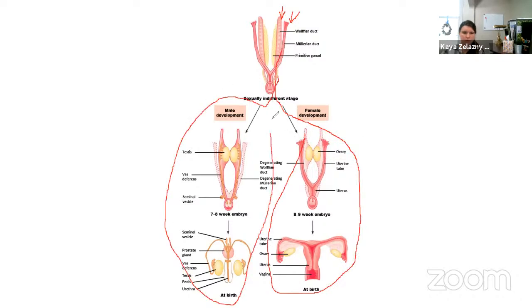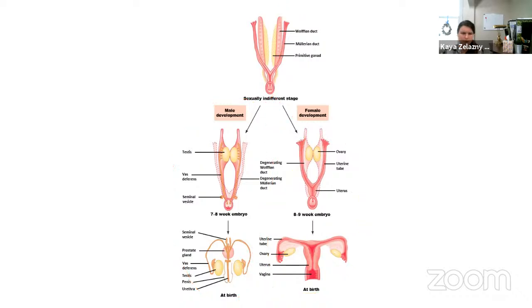We talked about the fact that embryonically, all embryos have both of these. In the absence of a Y chromosome, we go down the female route: the Wolffian duct degenerates, the Mullerian duct stays and increases a little bit, forming the female reproductive system.